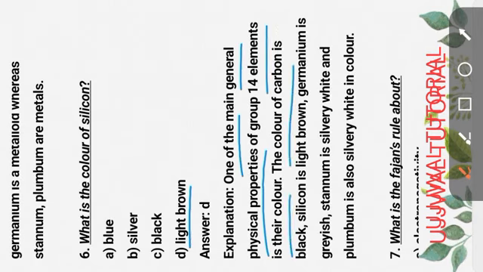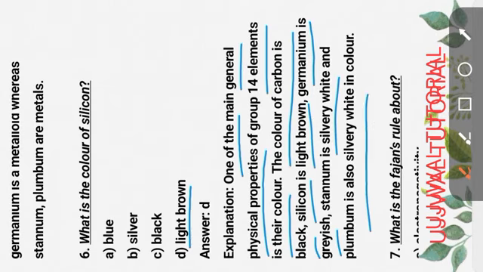The color of carbon is black, silicon is light brown, germanium is grayish, tin is silver white, and lead is also silvery white. It is also a very important question, the color of the elements in the carbon family.